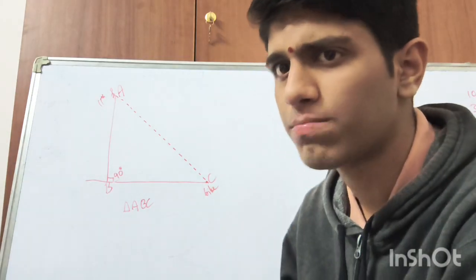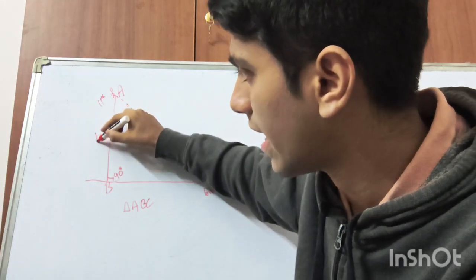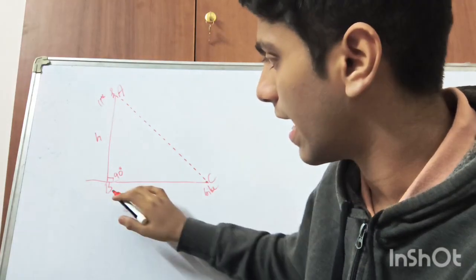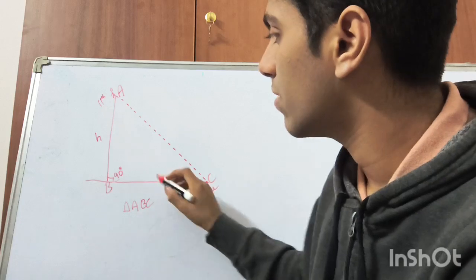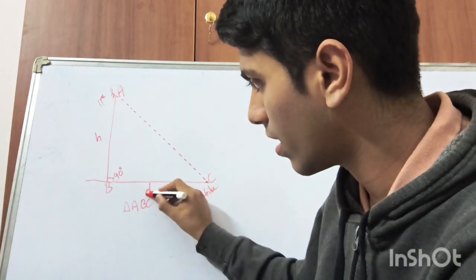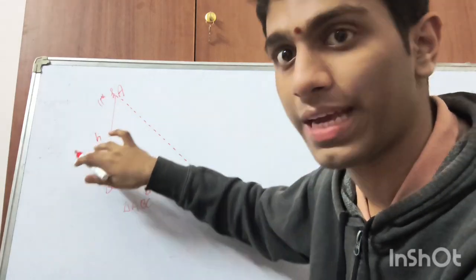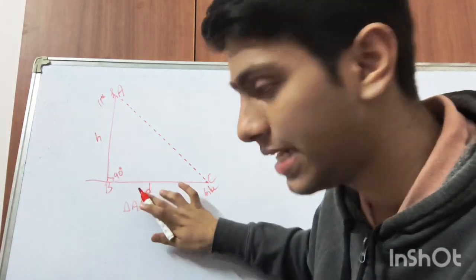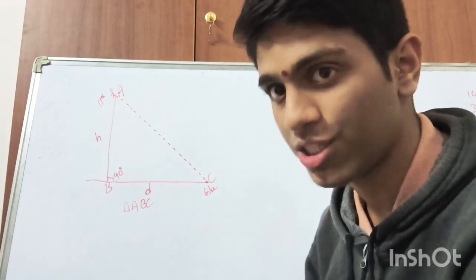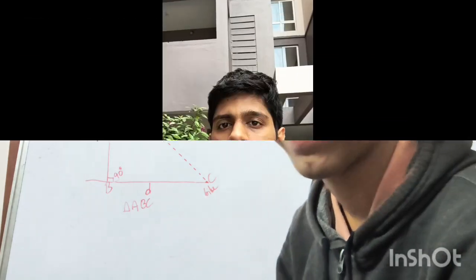For the sake of simplicity, let AB, which is the height, be represented by h, and the length BC be represented by distance, which is D. Now, h is the height we have to find, and D we can measure by just going down. So let's go down.